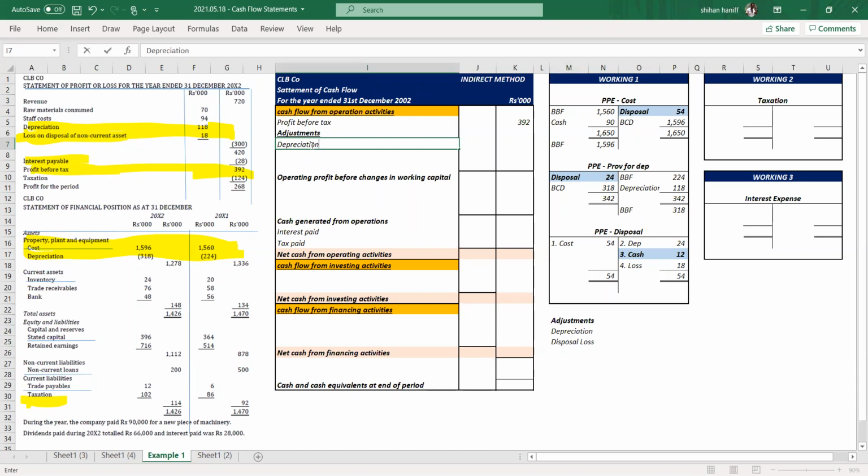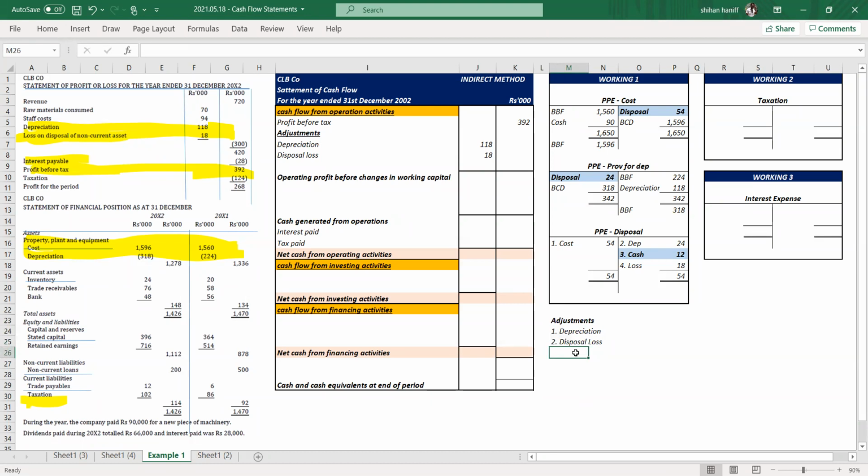Depreciation 180 will be added. Disposal loss also will be added, 80. Right? Two adjustments.